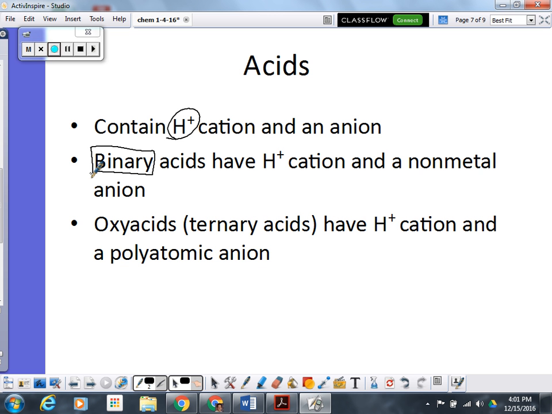If I have something called an oxyacid, that's also referred to as a ternary acid. So these are just terms, oxyacid or ternary acid. They have an H+, and then they have a polyatomic ion attached to them, and that polyatomic ion has oxygen in it. Thus the term oxyacid.